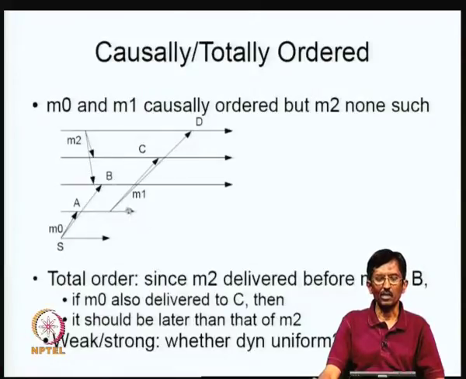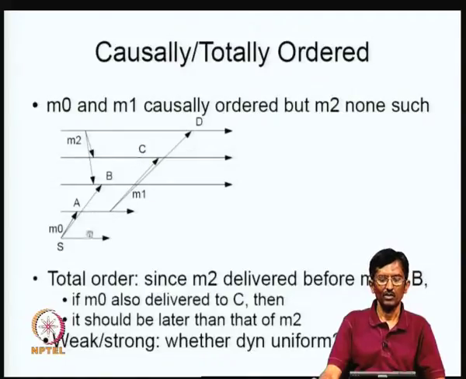Now, if I am thinking about total order, you look at B. Suppose my timeline is like this, and M2 has been delivered at B before M0 at B. Suppose I extend this particular message multicast to C also.